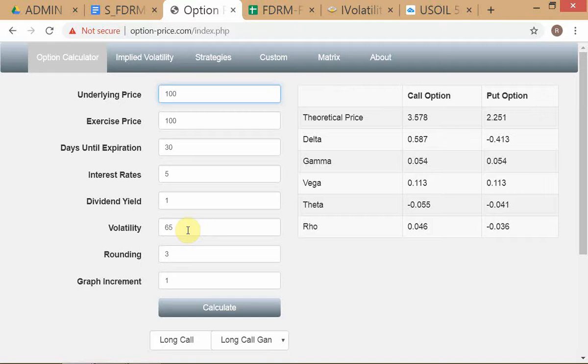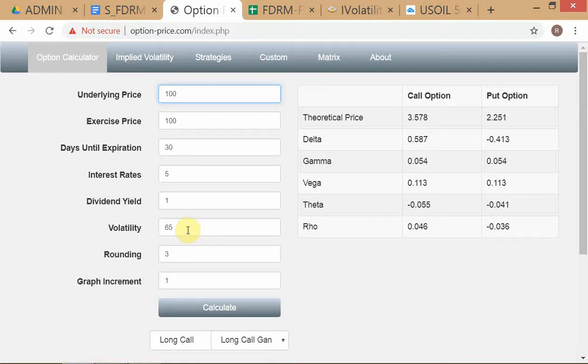Intuitively, it means that at the end of 1 year, there's a 68% chance that the underlying price, which today is at 100, will lie between 165 and 35. This is clear? Now we go back to our original intuitive question: I'm increasing the vol input from 25 to 35.